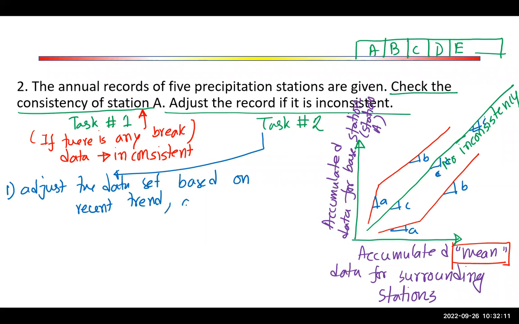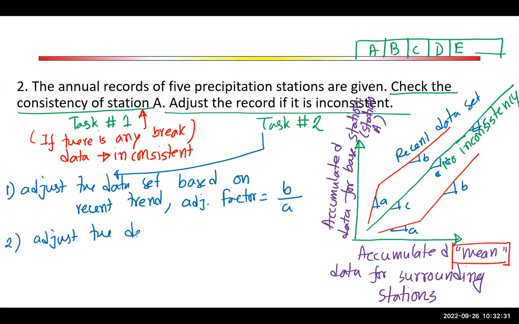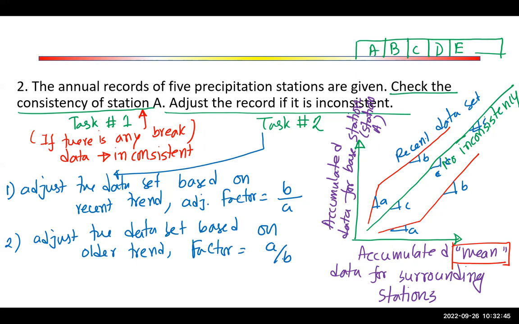So the adjustment factor will be B over A, because B is the recent one, right? Another way can be to adjust the data set based on the older trend. Then the factor will be what? A over B, right?